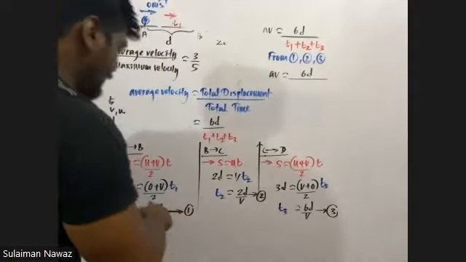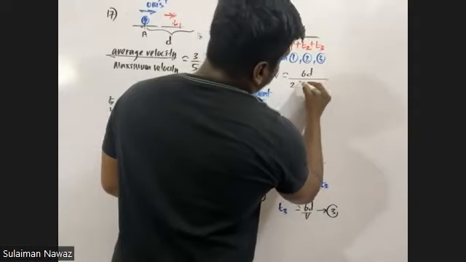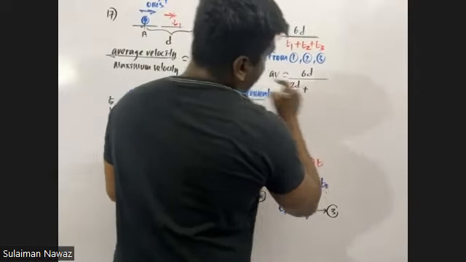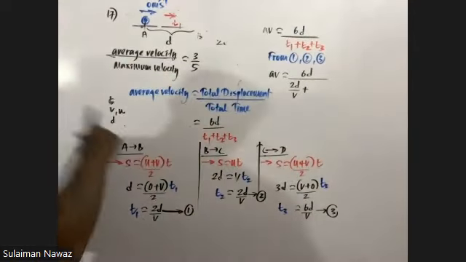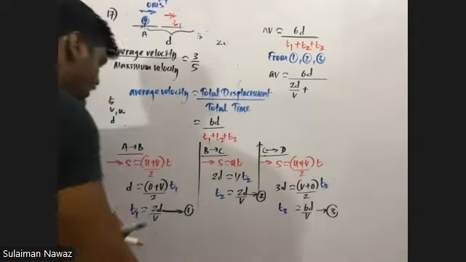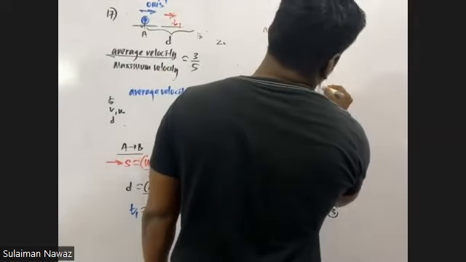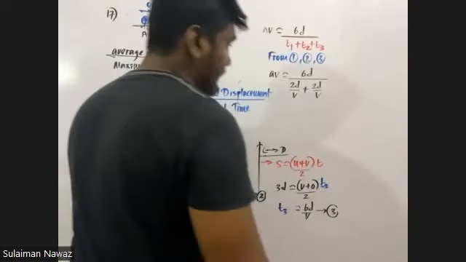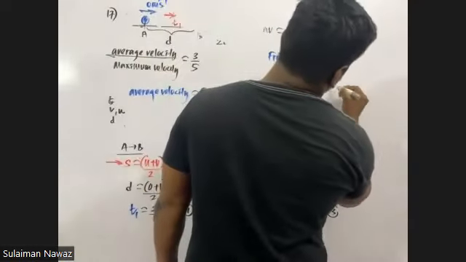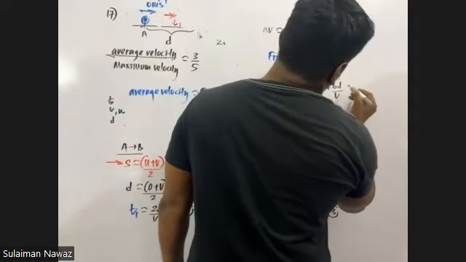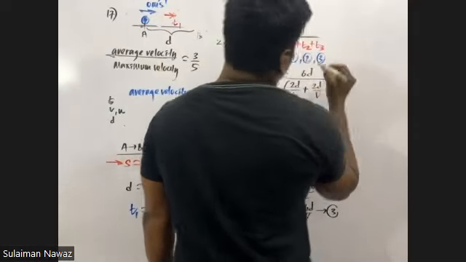What's my T1? T1 is 2d over v, plus what's my T2? My T2 means again 2d over v. What's my T3? T3 means how much? 6d over v. Right, 6d over v.